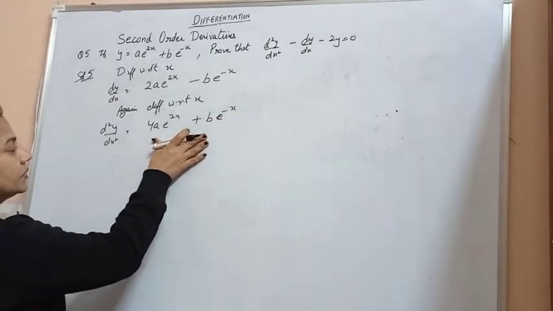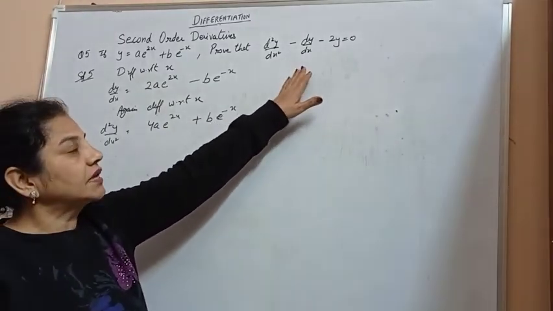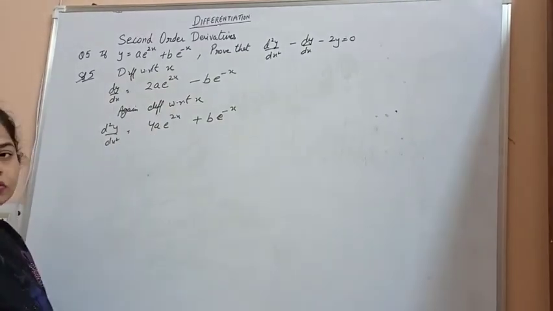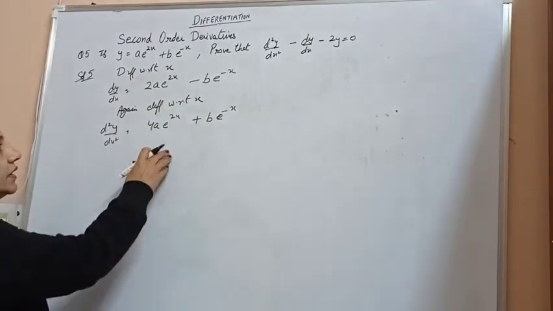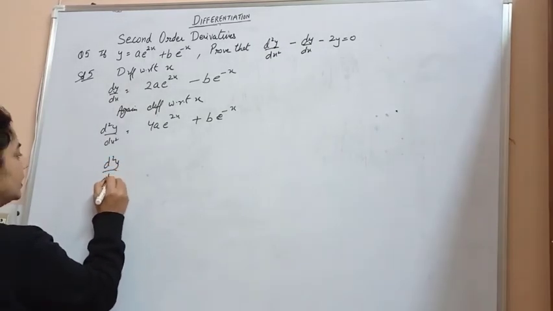Now in this particular case my requirement is second derivative minus first derivative minus 2y. So I have to convert this into the first derivative and then 2y. Let's see, d square y by dx square.